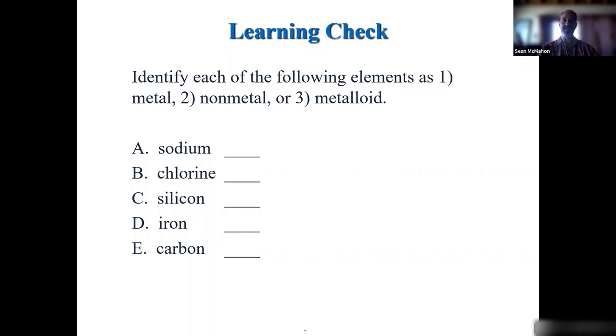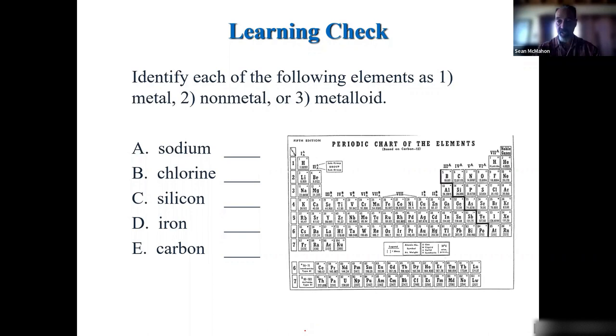Now I'm saying, I just want you to tell me, is it a metal or a non-metal? And what I'm going to use is that staircase. Right? So this isn't color-coded at all, because I want you to get comfortable without that luxury, right? But I know on the left side are my metals, and then on the right side are my non-metals, and I'm hugging along that staircase for metalloids.